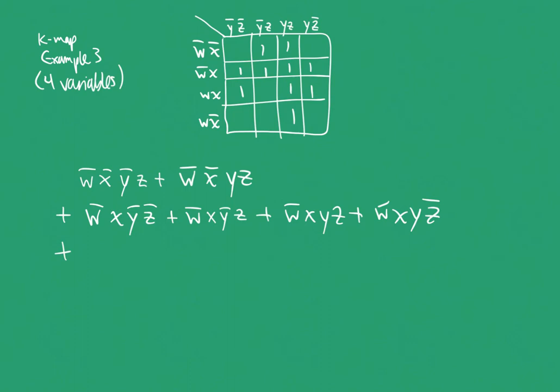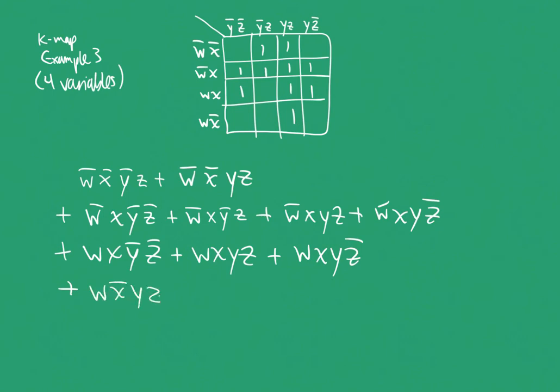And moving forward, we have WX, Y bar, Z bar. Then we have WX, YZ, and WX, YZ bar. And then one more term in the last row, which is WX bar, YZ.